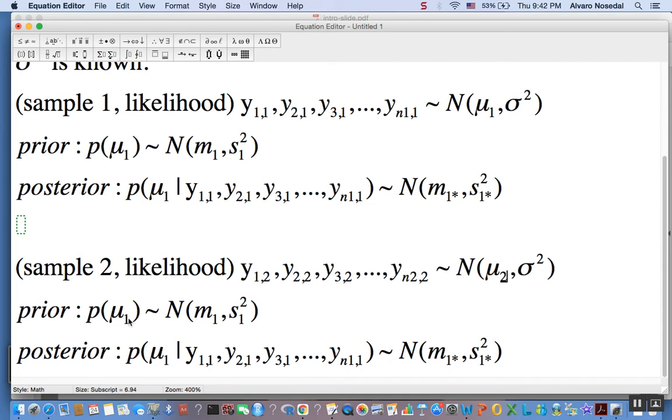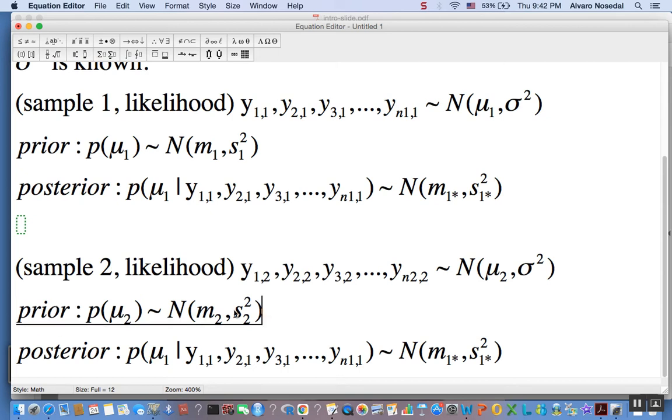Just like before, we need a prior for that parameter of interest, mu2 in this case. We could have a different prior for that second parameter. By the way, we are assuming that these samples are independent, and we are also assuming that these two priors are independent.